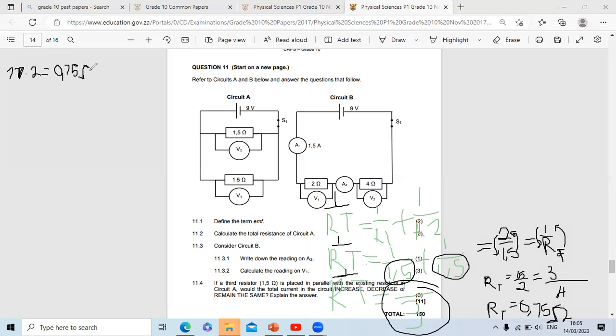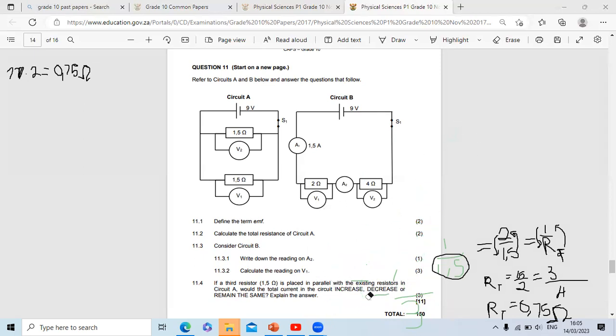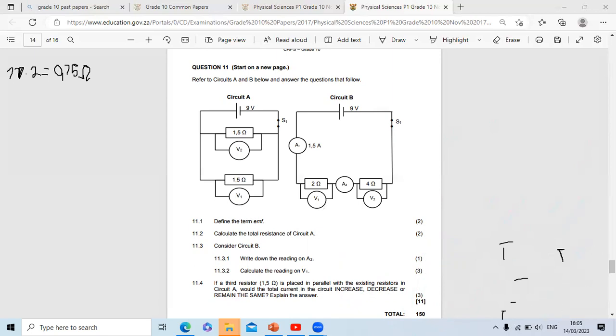This one also goes like that. But you were on the right step. It's just the mathematics. If the question is out of 2, you would have gotten a mark if you wrote the correct equation.